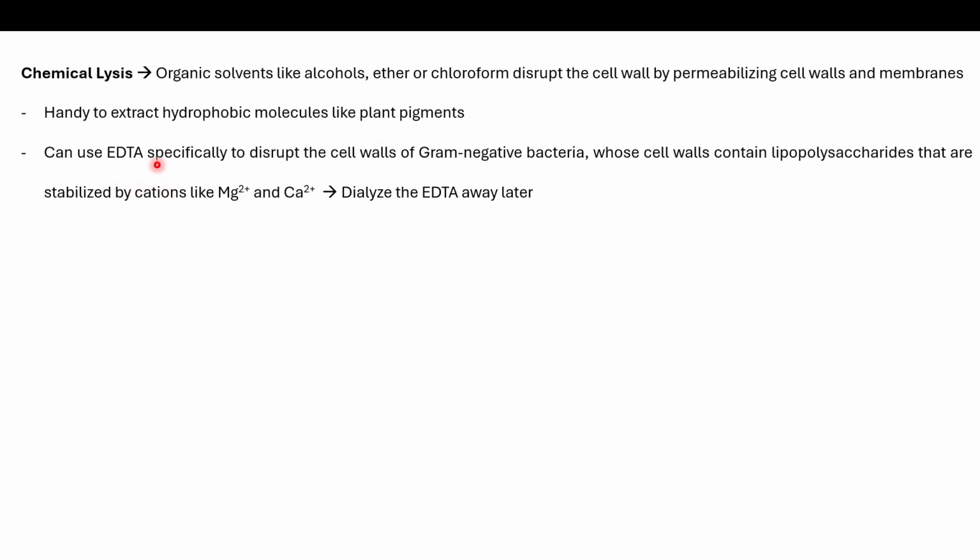Also, one can use a chelating agent like EDTA. EDTA chelates divalent ions, right? Many divalent ions, like magnesium and calcium, are important to maintain the integrity of the cell wall.